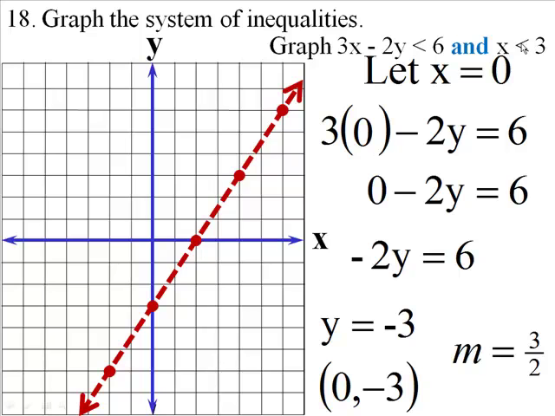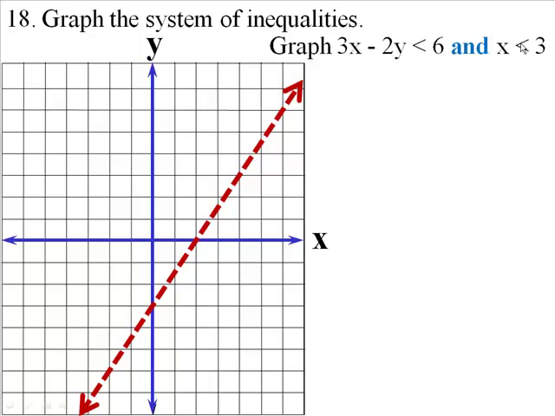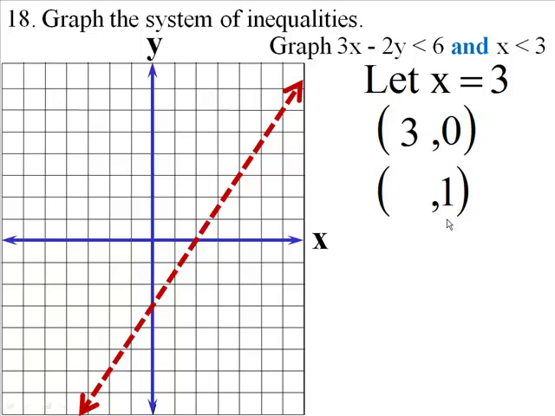Now let's draw the other one here. We'll start off with x is less than 3. Let x be 3. This is going to be the line where x is 3. We'll put a dashed line where x is 3. We'll say, what if y is 0? What's x? Well, x equals 3. If y is 1, x is 3.